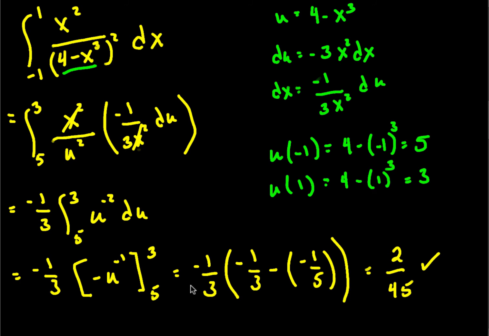Okay, so that's our answer. The integral between -1 and 1 of x squared divided by 4 minus x cubed squared is 2 over 45.